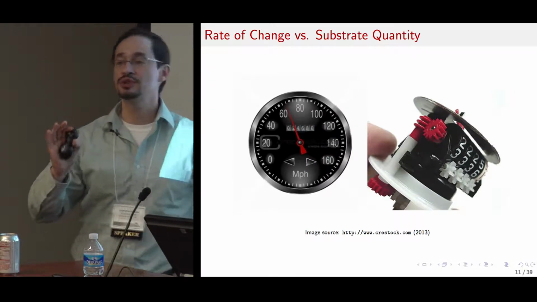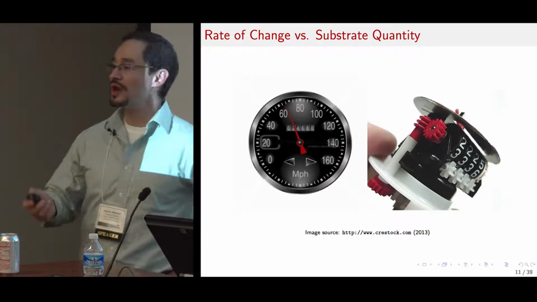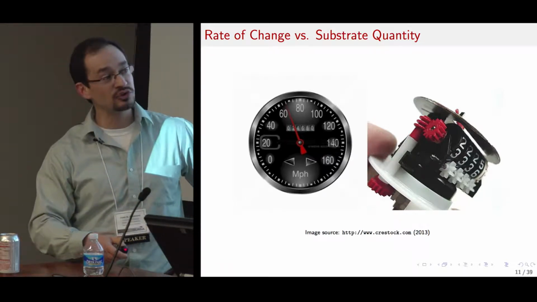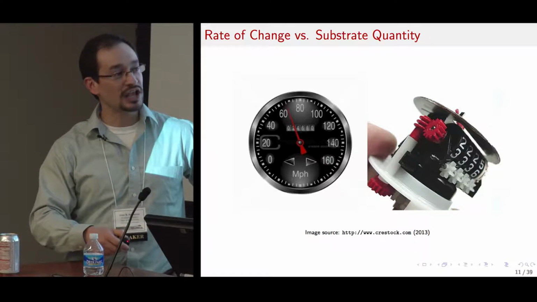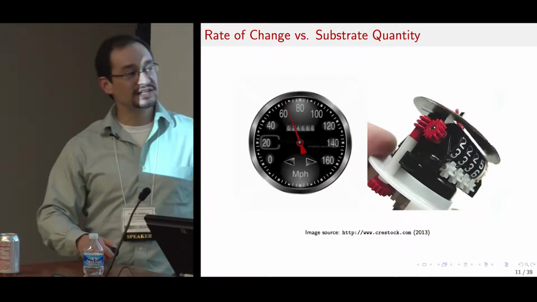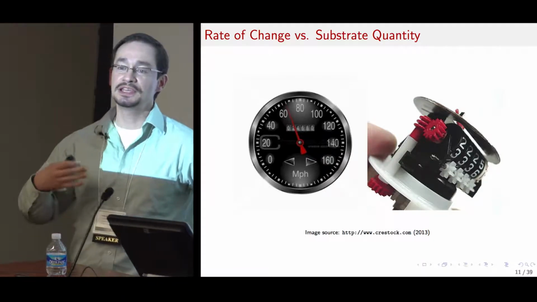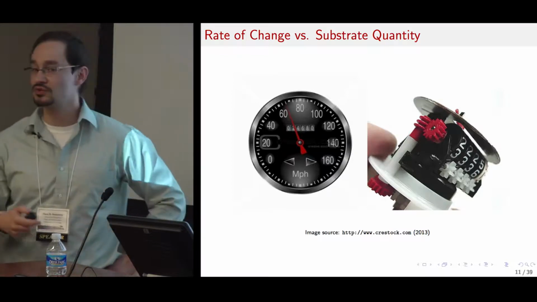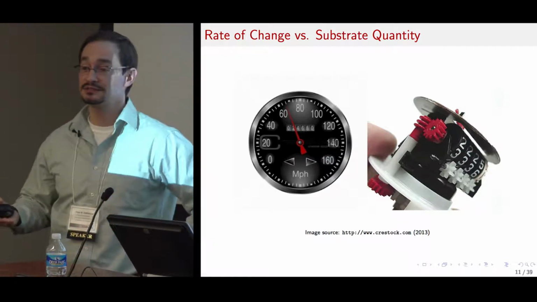Before I punish you with equations today, whenever you see the quantities that we're going to look at, this is what you have to think of: either a velocimeter or an odometer. What is a velocimeter? The velocimeter simply measures the rate of change. If you're driving your car, it's the rate of change of the distance.